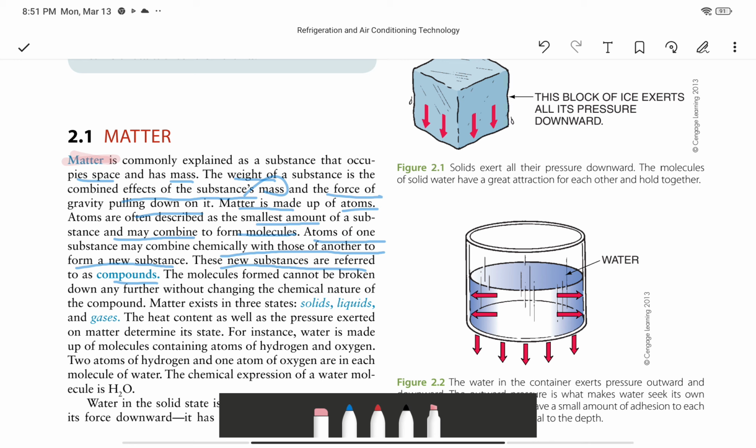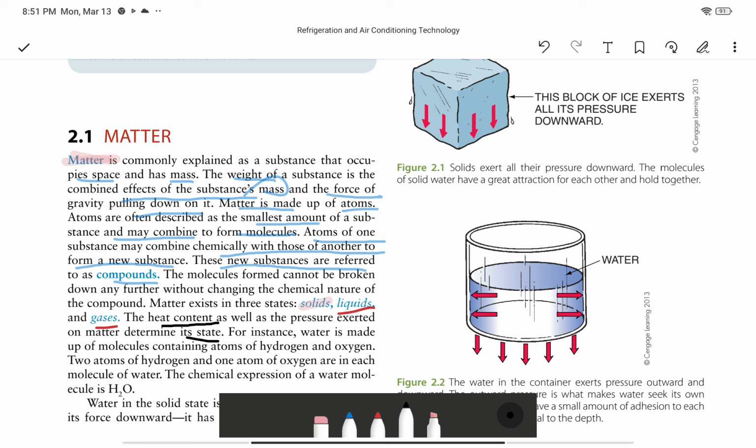So matter has a form, right? So what are the forms of matter? Solid, then you have liquid, then you have gases. Okay, so the heat content as well as the pressure exerted on the matter determine its state.